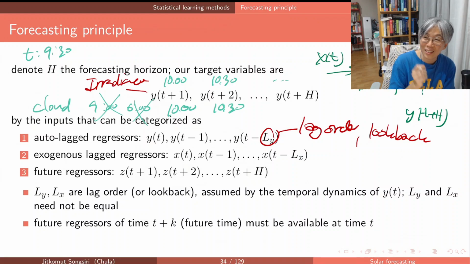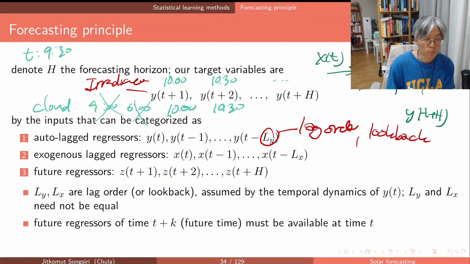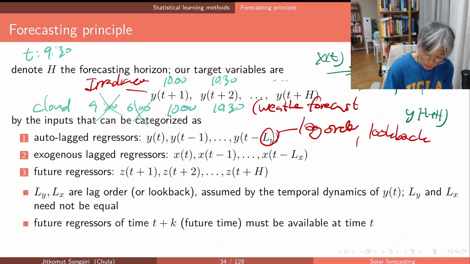How can you get this cloud information from the future? It's against the nature of time. So that's why these future regressors a lot of times come from synthesized input or from other forecasting models. In this example, maybe I buy a weather forecast service.